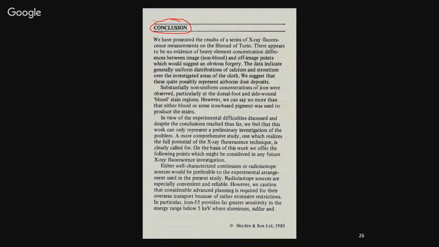Now, of course, we'll talk about this, I think, in a later lecture, but chemical analysis of the blood found hemoglobin, porphyrins, serum albumin, all components of blood. So this, coupled with the other data, allows us to make a very strong conclusion that this is most likely real blood.